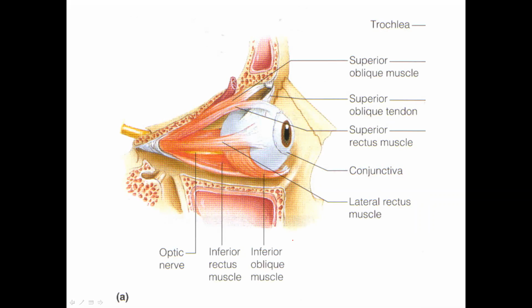Okay, some more anatomy of the eye. Your eye muscles. We do have 6 eye muscles on one eyeball, so you have 12 total. Also here's a picture for you on the conjunctiva.